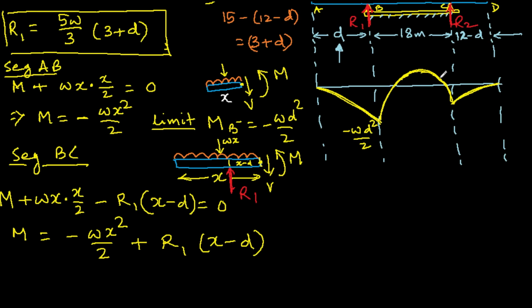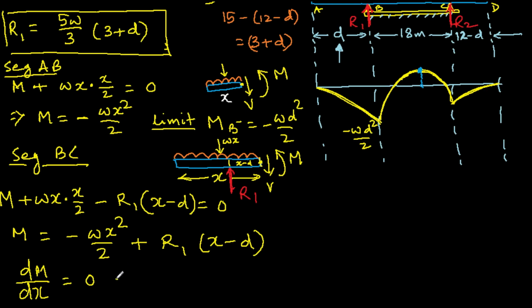Now we are trying to figure out where this maximum is going to occur. Okay, so this maximum, where is it going to happen? So that we are trying to figure out. Now how to find that out? We have to take the first derivative of dM with respect to dx, which should be 0.